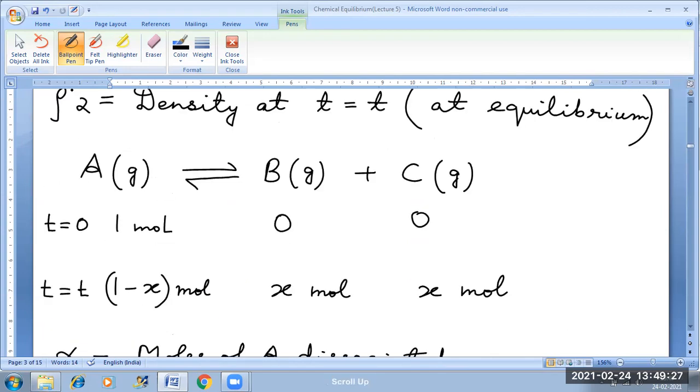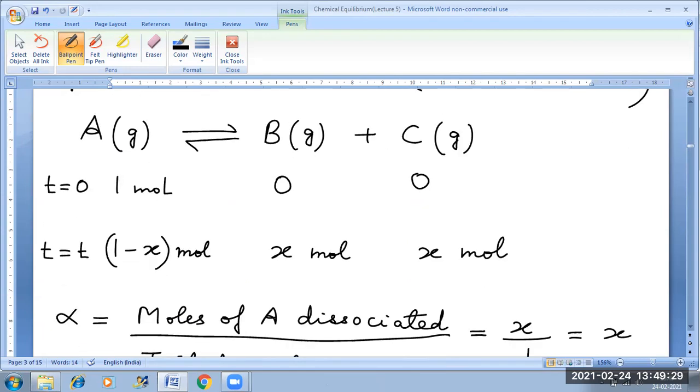So let's take this. Again, we are back to the reaction. Now let us start the moles. If we start with 1 mole of A, then we will have 1 minus x moles of A left at equilibrium, x moles of B formed, and x moles of C formed.